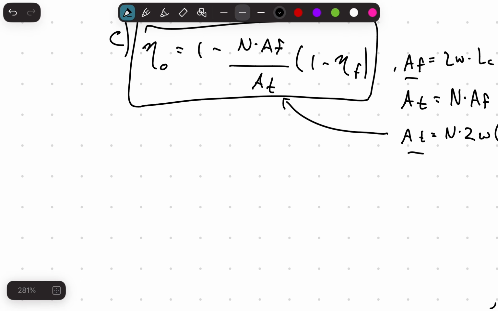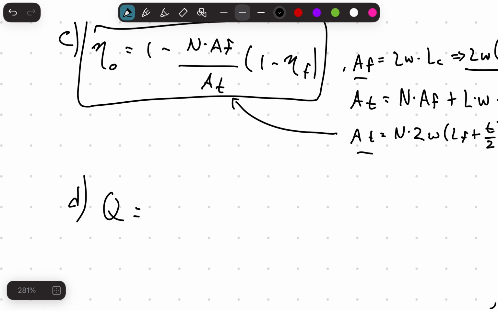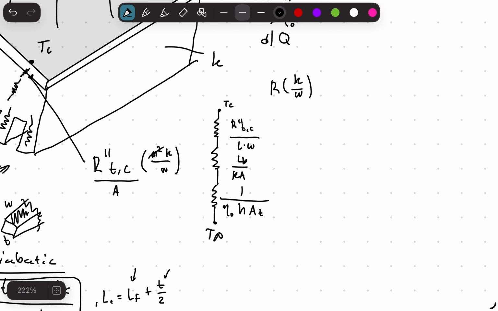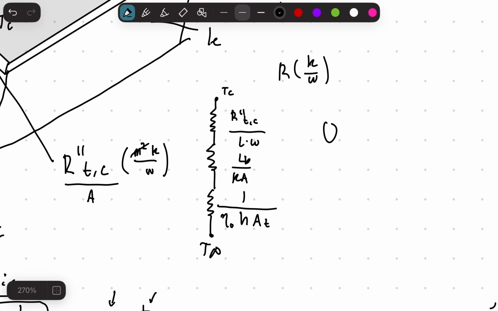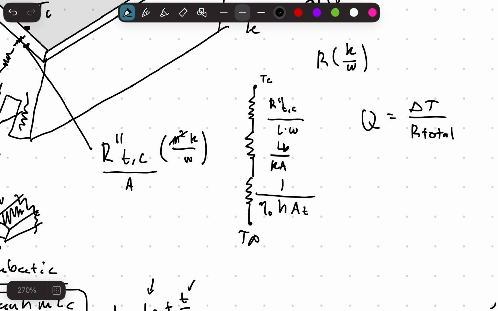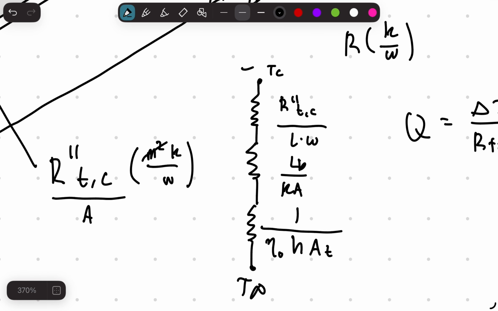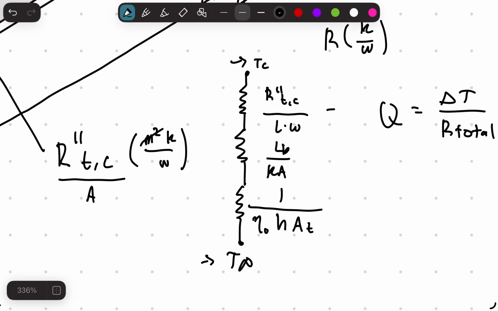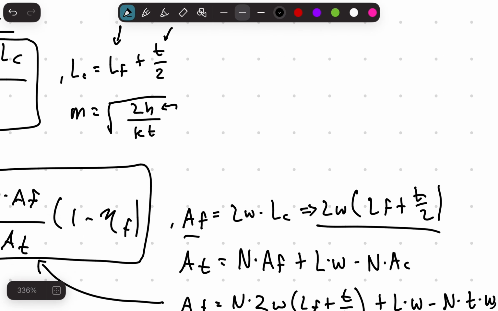And now for part D, we're finding the heat rate. So from the thermal resistance network, we're doing heat rate equal to the difference in temperature divided by the total thermal resistance. So if we go from the known values of Tc and T infinity, we're going to be including all 3 thermal resistances.